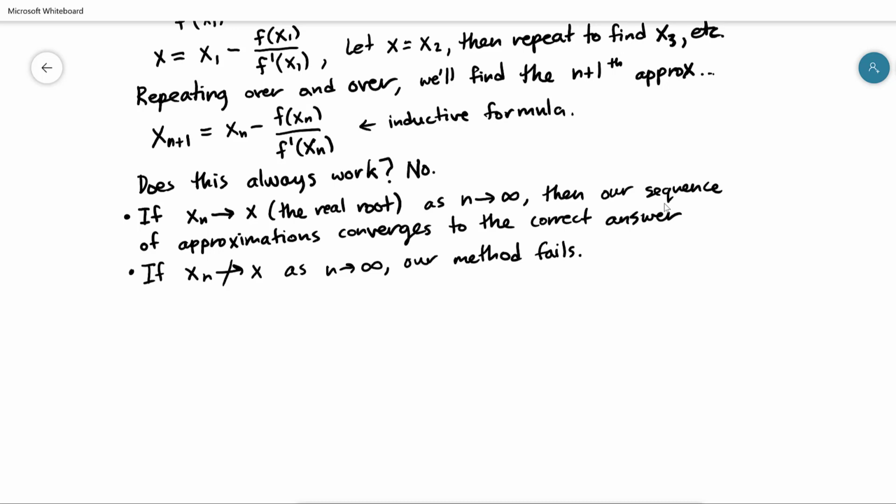So let's look at a couple of examples of where it's not going to work, and then I'll see if I can also give you some examples of where it will work. So here are some examples of Newton's method failing.